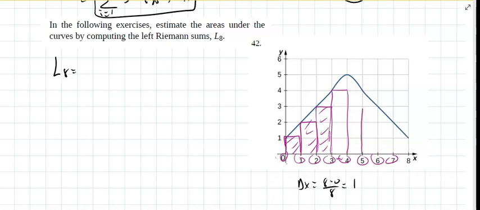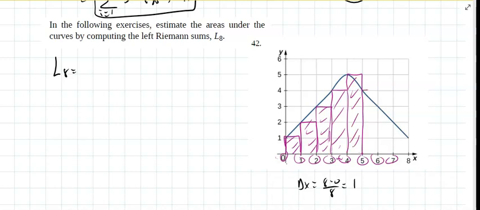And again, we go to the curve. Oh, I went the other way. That last one was incorrect. When we look at this one, we take the left endpoint. So now we're overestimating.